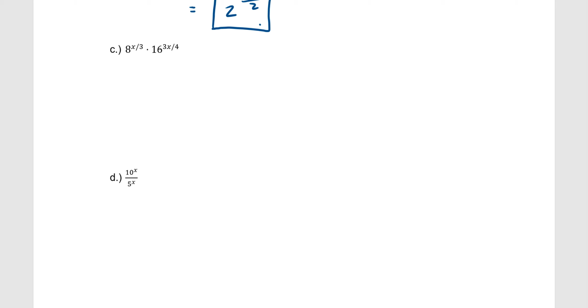Next one, 8 to the x over 3 times 16 to the 3x over 4. This one's a little more complicated. We can rewrite both of these factors so they have base 2. 8 can be rewritten as 2 cubed, and 16 can be rewritten as 2 to the 4th.